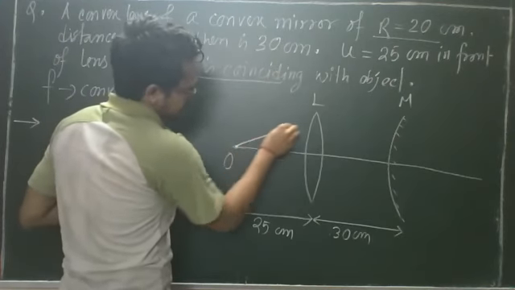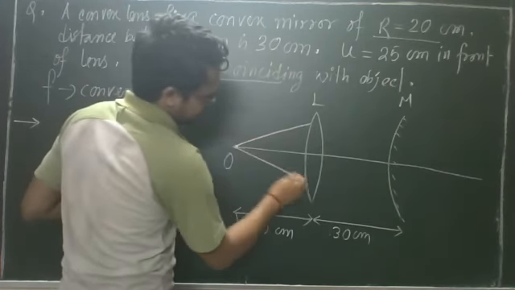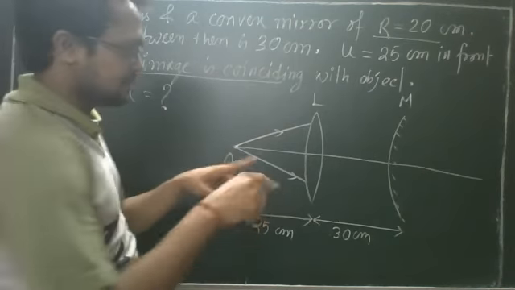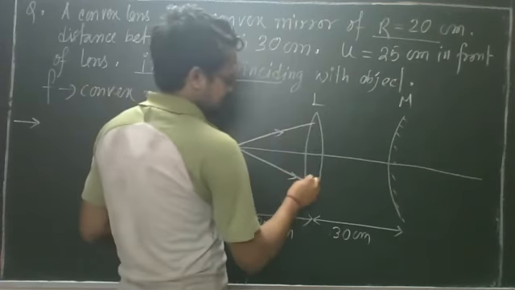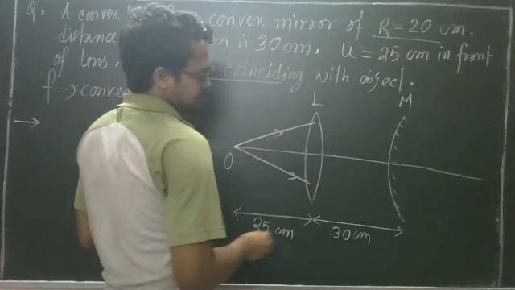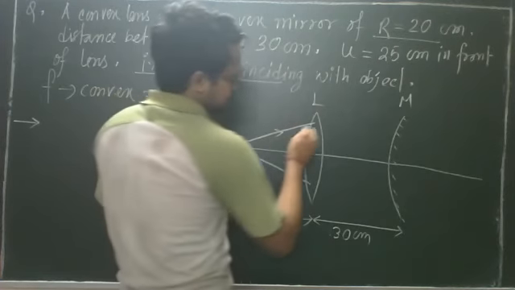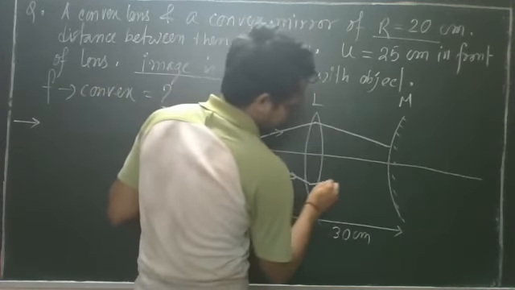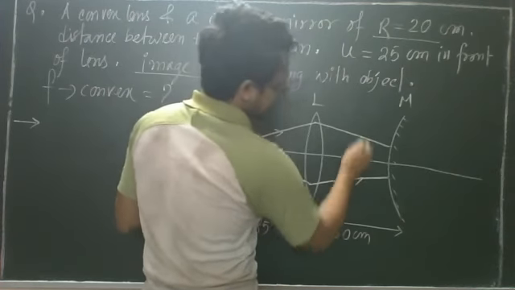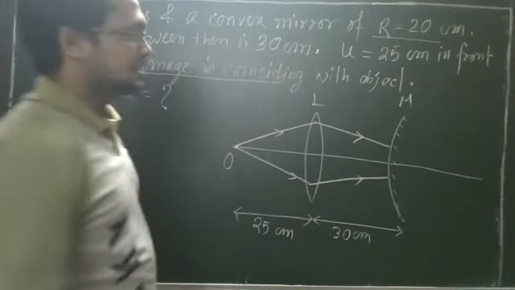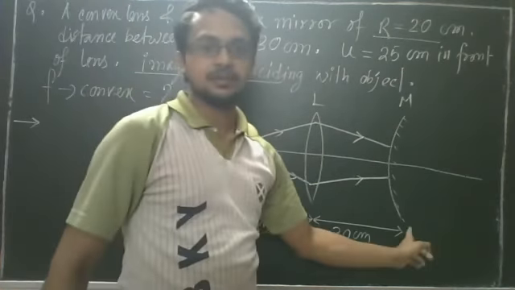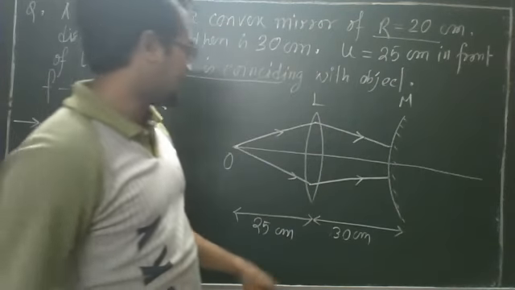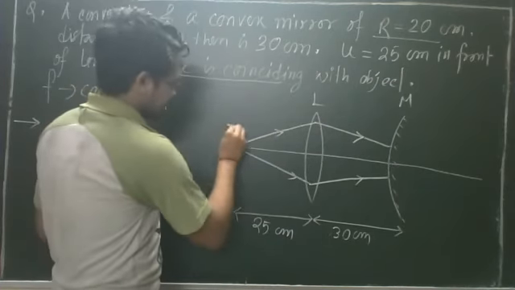Now I am drawing the image. This is the first ray, and the second ray. After refraction, they will bend towards the principal axis because it is a converging lens. Then, since this is a mirror, it will reflect, in such a way that the image will be formed here.